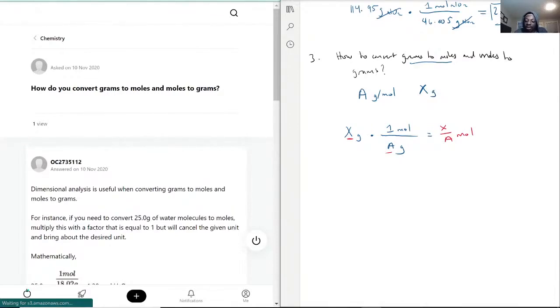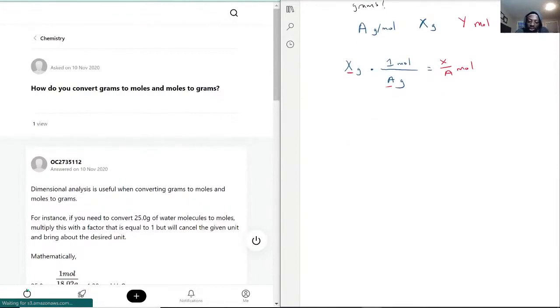Now you're probably wondering, how do you get from moles to grams? So let's say you had Y moles. Here we do the same thing. We have Y moles of an element, but this time you want the moles to cancel out to get to the grams.